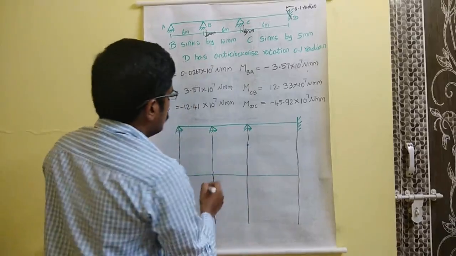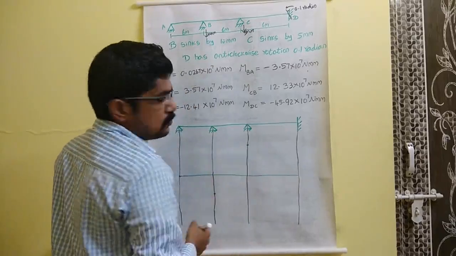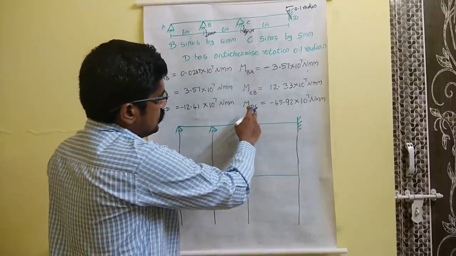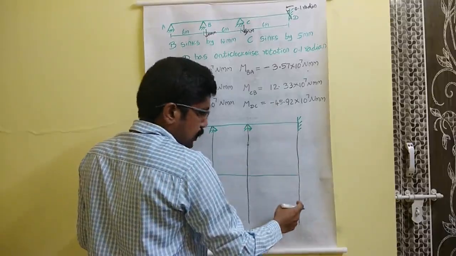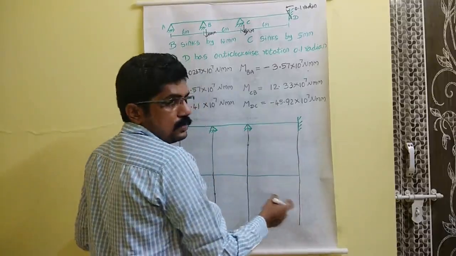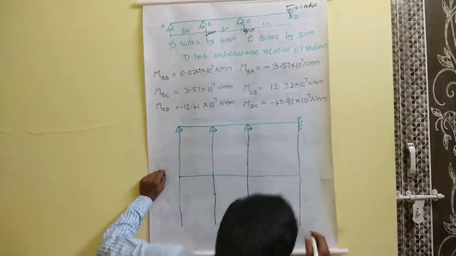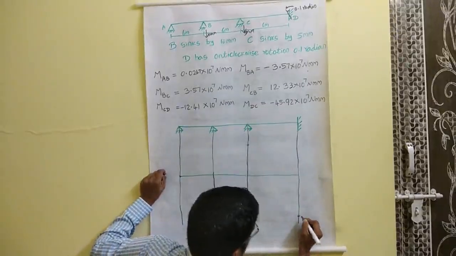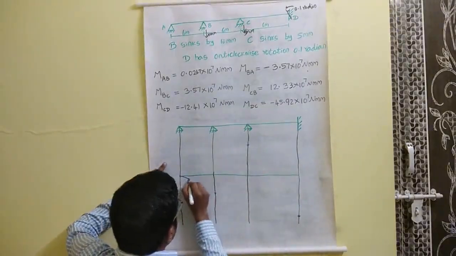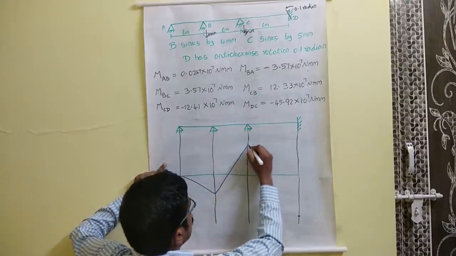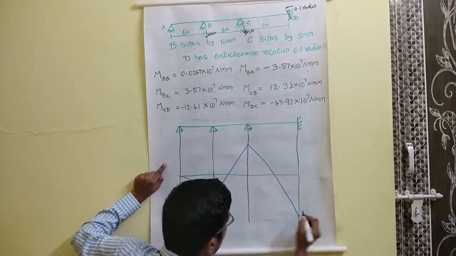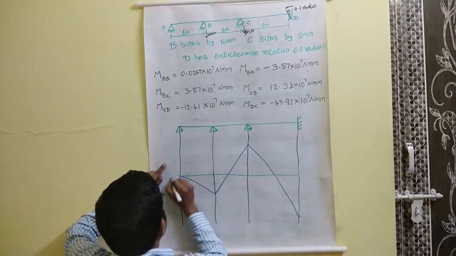If you see, this value is 3.57, this value is 12.33. Next, if you see the MDC value, it is in minus, so it should be coming below, that is on the bottom. So the value is 45, so I am marking 45 here. If you draw the bending moment diagram, then it will be like this. Here the value will be nearly 0.